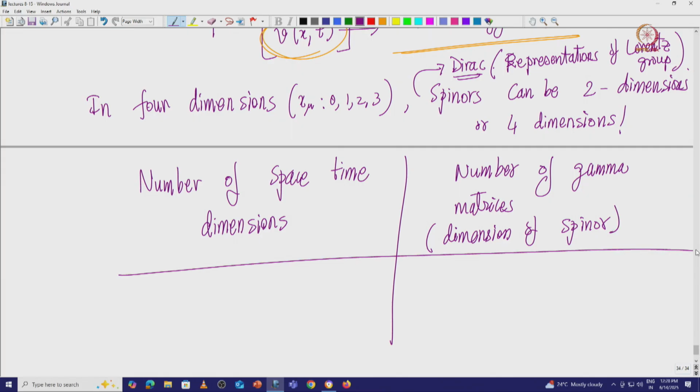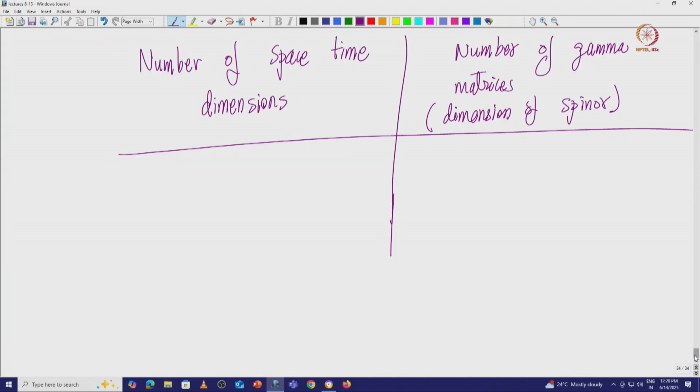This is an extremely important exercise, so that you distinguish between space time dimensions and the number of gamma matrices.